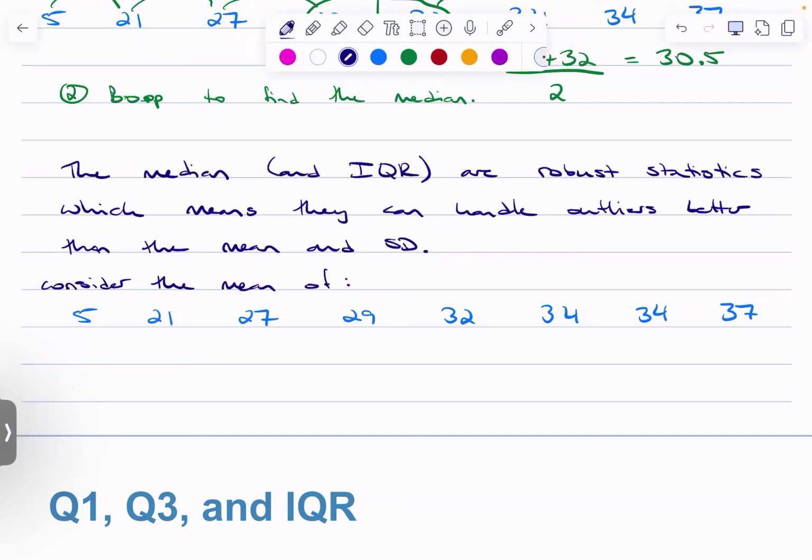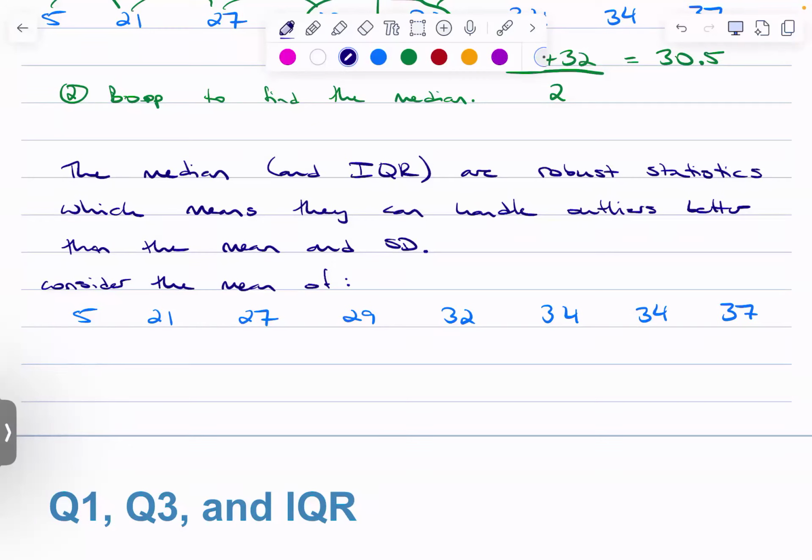We can calculate it, yeah. Handle outliers. And then it says better, which is not clear either. Better than the mean and standard deviation.